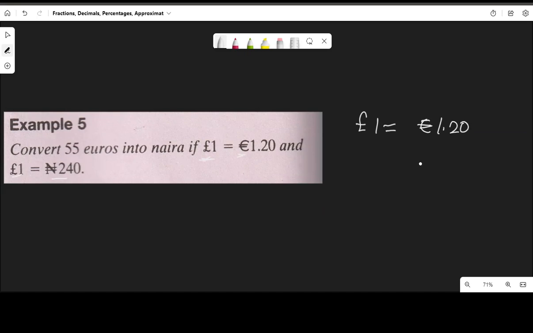So converting 55 euro to pound: 1 pound is equal to 1.20 euro. That means S pounds will be 55 euro that is given to us there. To get the value of S, we cross multiply.